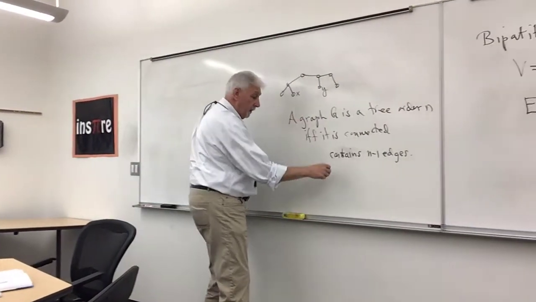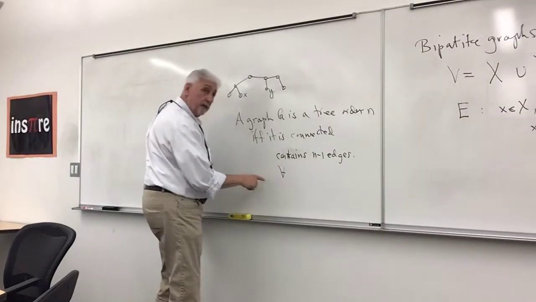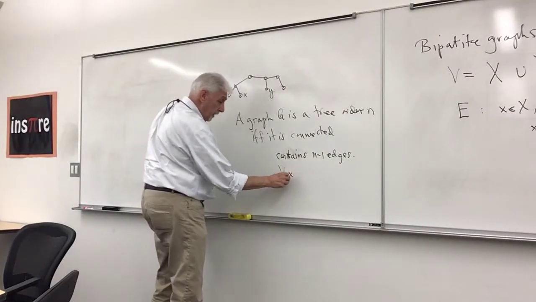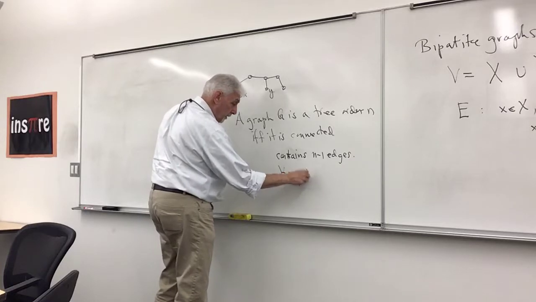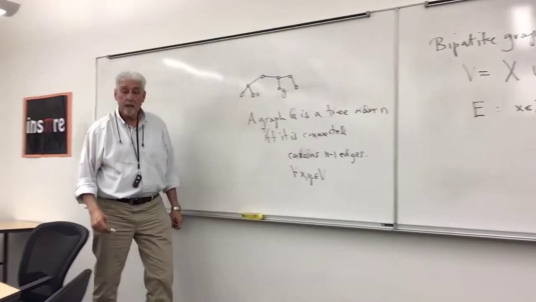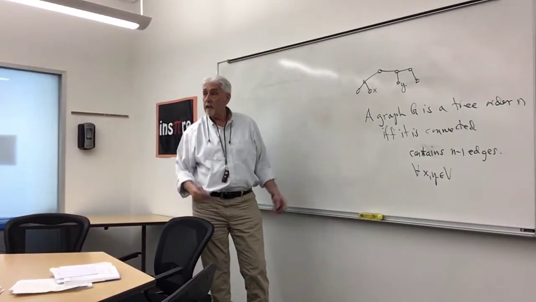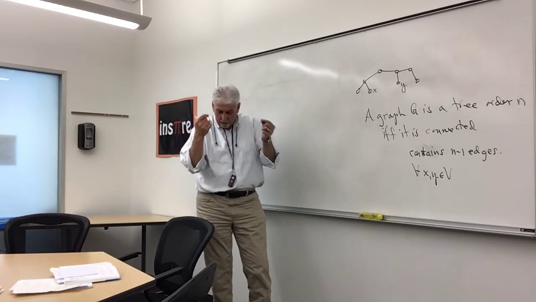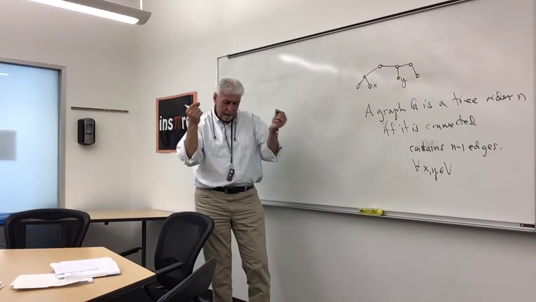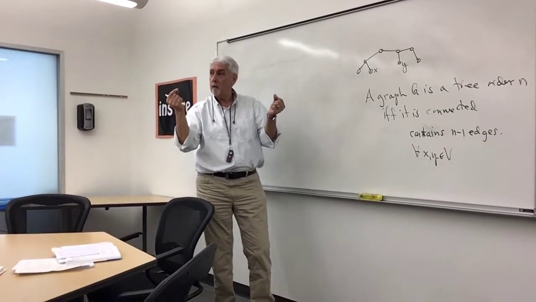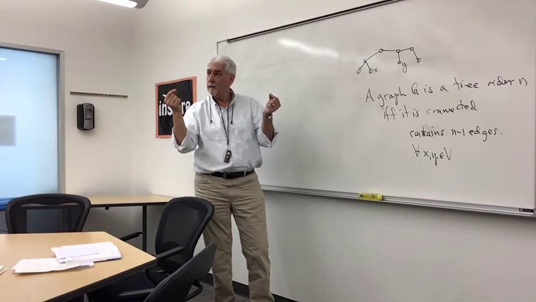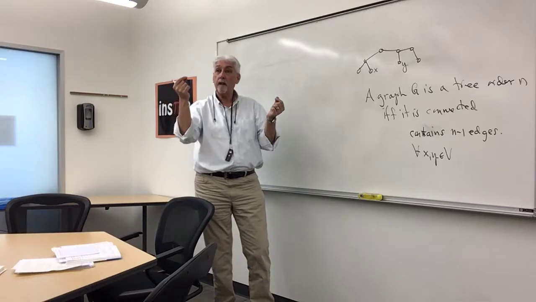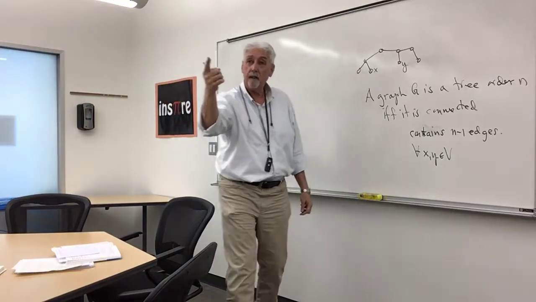It's connected, and for all vertices x and y, what can you tell me? It's connected, so what about x and y? It's exactly one path. How many? One.